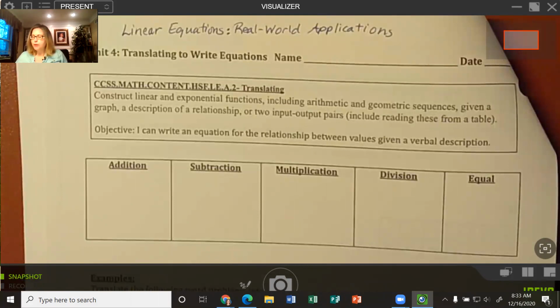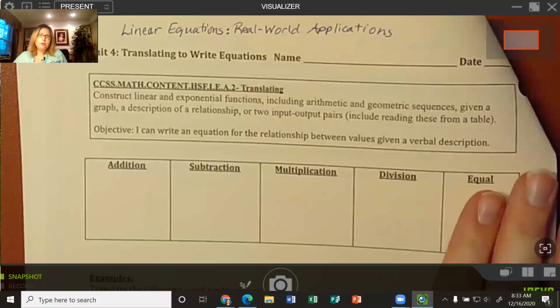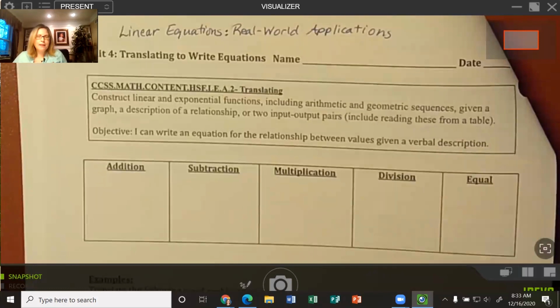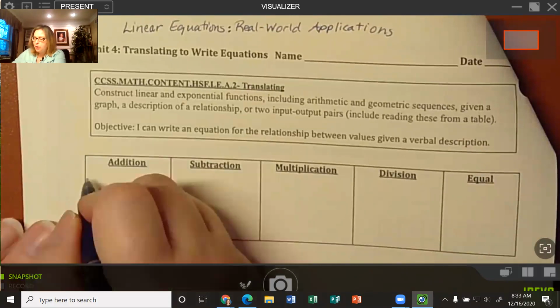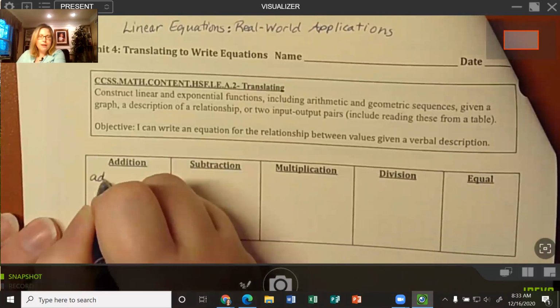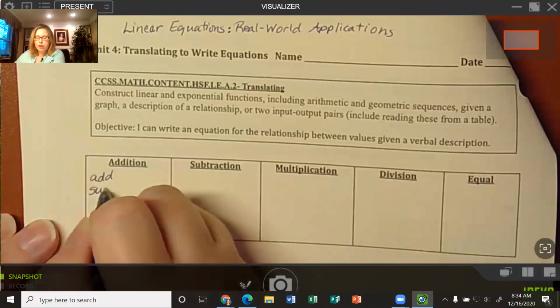So before we start with the actual real-world application problems, let's take a look at some of the important operations and words that we want to be able to recognize as representing those operations when we are working in a word problem. So addition, we will obviously know when we hear the word add. When we read the word add, that is addition. Sum also means addition.